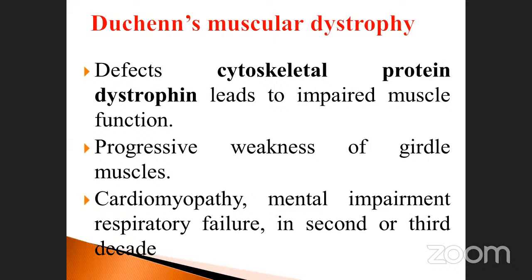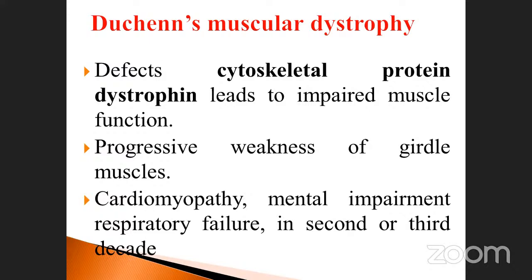This is very important. Which protein is the cytoskeletal protein in Duchenne muscular dystrophy? Dystrophin. Don't forget. It leads to impaired muscle functions.